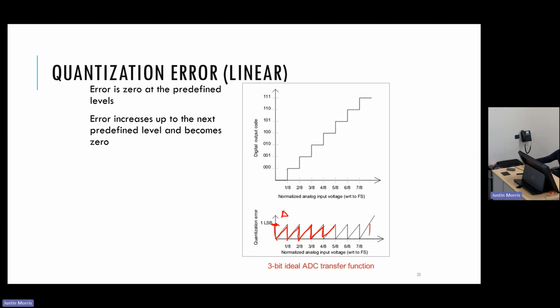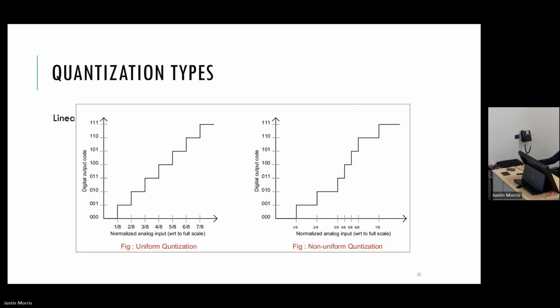So the other thing I wanted to show was this. There are other different ways to quantize signals. What I showed you with the example, and what will be on the homework that you'll be doing on Friday, is this uniform quantization.